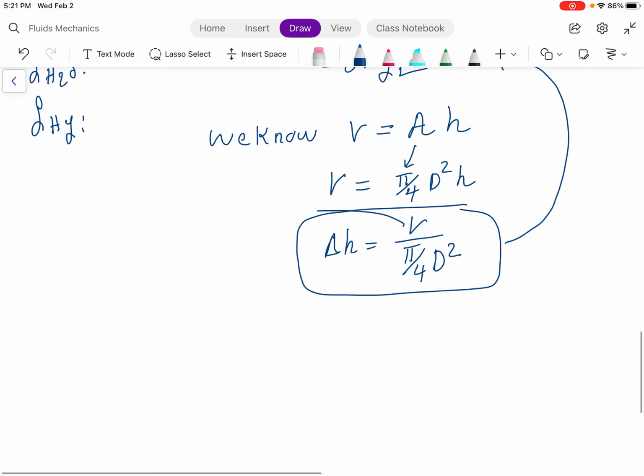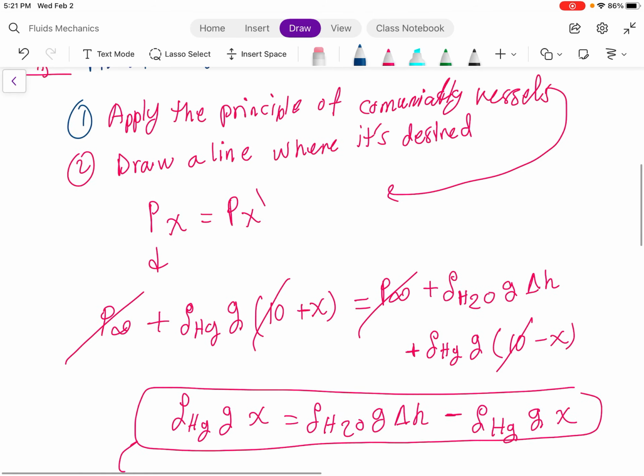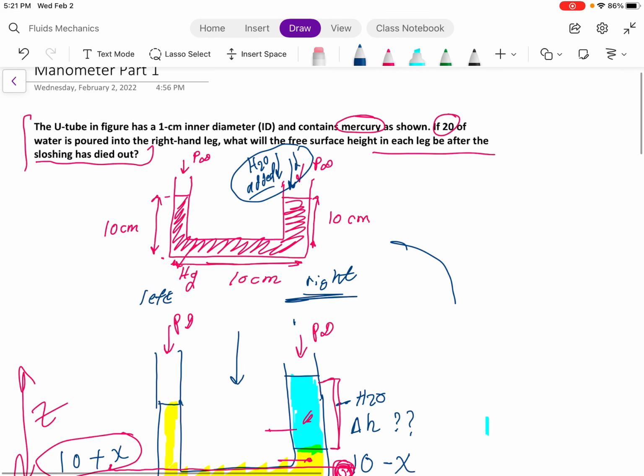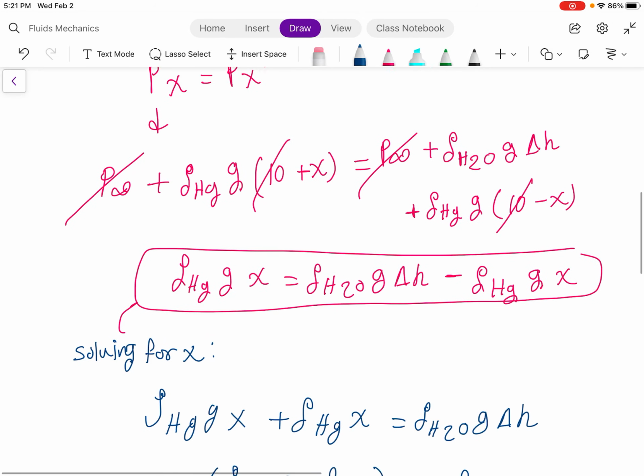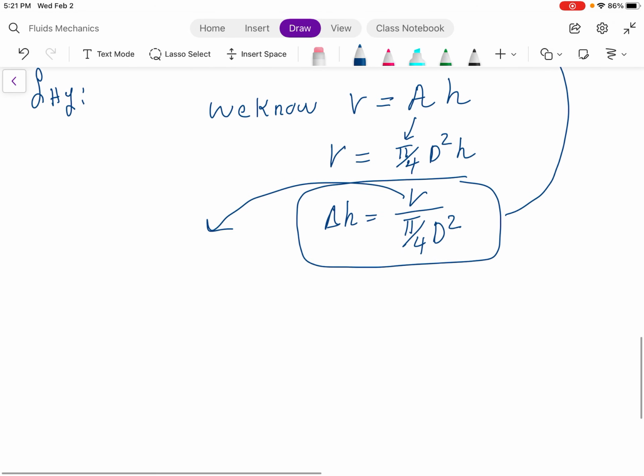We're given the volume in the question statement. It told us we have 20 water. So, the volume of water is 20, divided by the area, which is pi over 4.